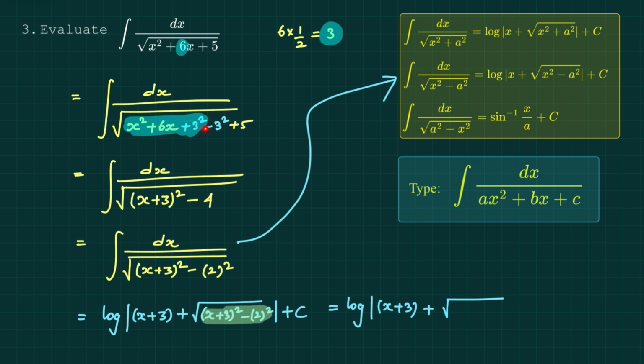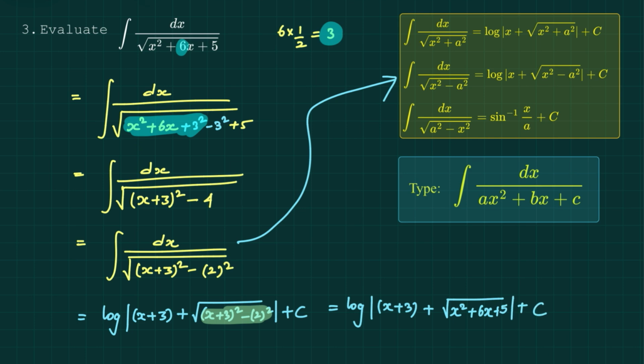And finally, if I simplify this, we will get back the quadratic given in question, that is x square plus 6x plus 5. So here if I simplify this x plus 3 whole square minus 2 square, we will get back to the question only. So we will just write x square plus 6x plus 5 plus c.